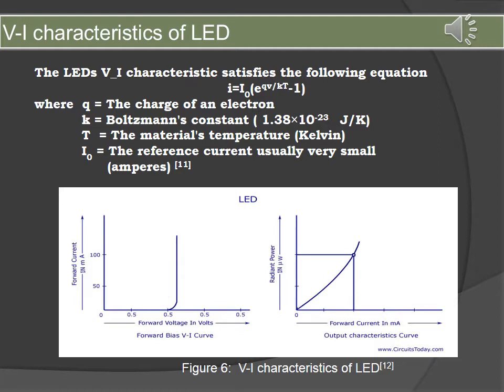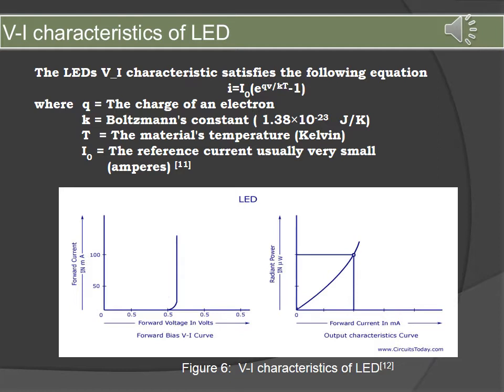The diode's VI characteristics satisfy the following equation, which is I equals I naught times e to the power qV over kT minus 1, where q is the charge of an electron, k is Boltzmann constant, T is the material's temperature in Kelvin, and I naught is the reference current, usually very small.